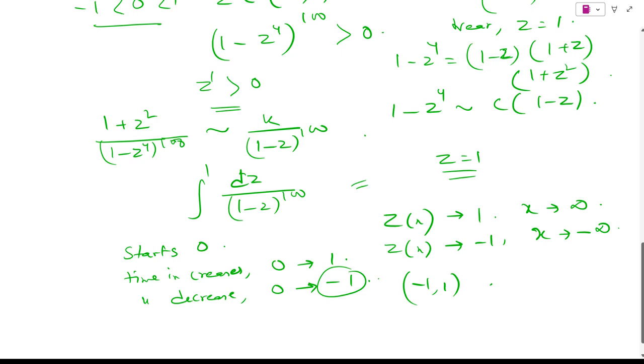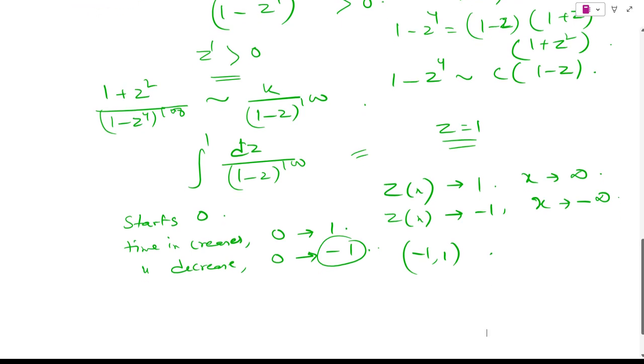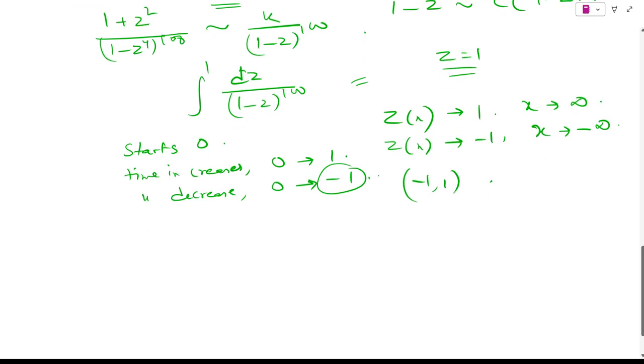Now verify the statement. Okay, given alpha belongs to (0, 2), right? So we have 1 minus alpha belongs to (minus 1, 1). But the solution attains every value in (minus 1, 1).